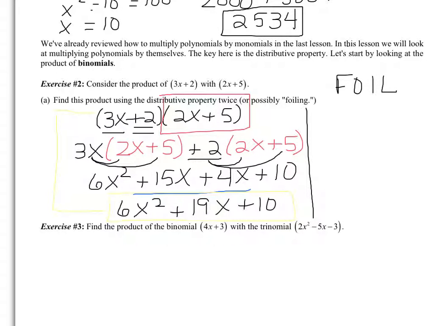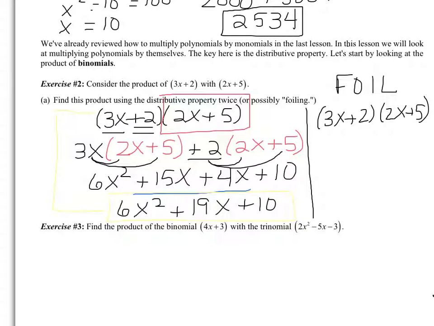First, outside, inside, last. So if I take my 3x plus 2 and I multiply it by my 2x plus 5, let's see what I end up with. So I've got 3x plus 2 times 2x plus 5.